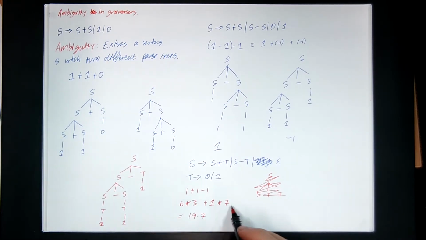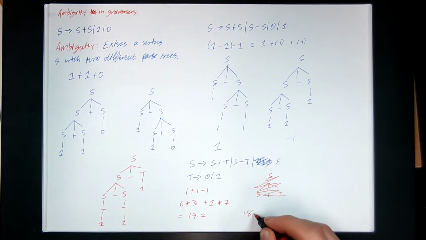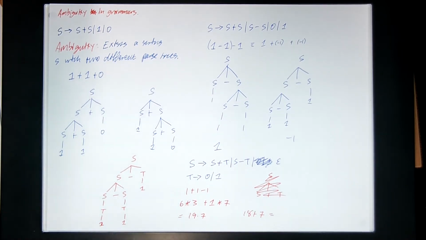Whereas if I evaluate in the correct order of precedence, I should get 6 lots of 3 is 18, plus 1 lot of 7 is 7, which is going to be 19, 20, 25. Right? Which is clearly not 19 times 7. So I don't want to evaluate left to right. I want to evaluate in such an order that the order of precedence is respected.